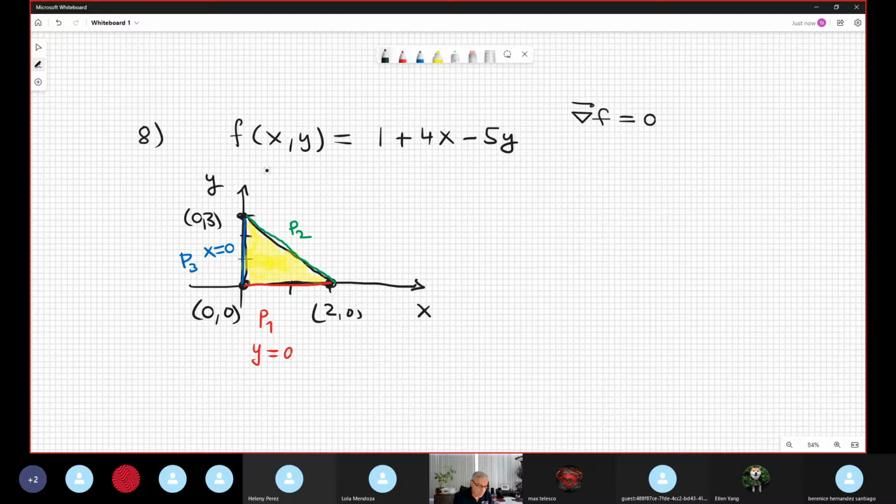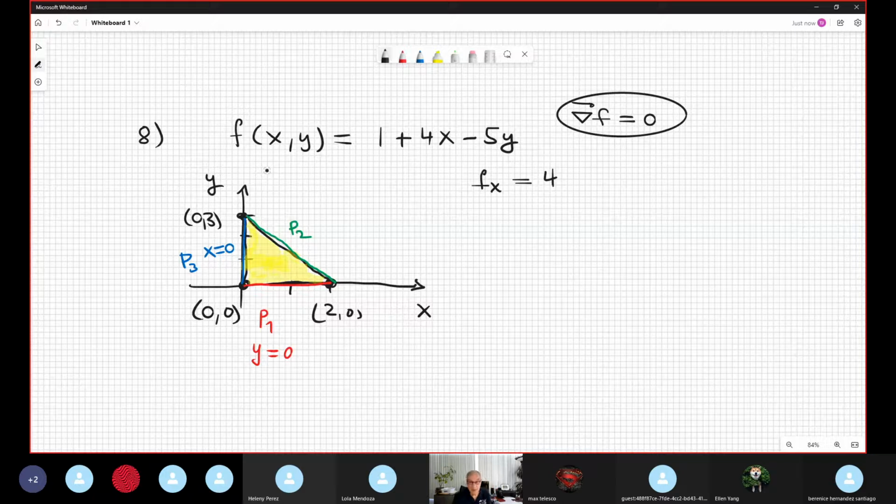Okay, first of all, I have no idea. So I compute the partial derivative with respect to x, so the gradient is 0. The partial derivative is 4. Yes, it's 4.